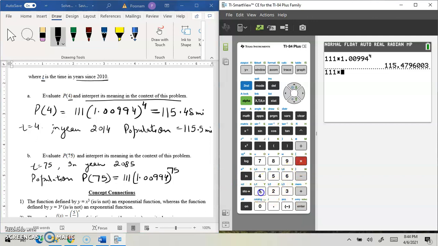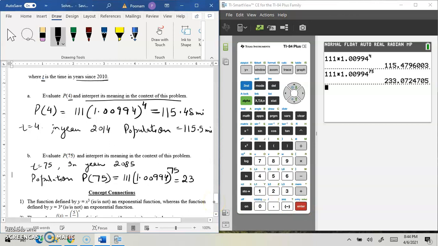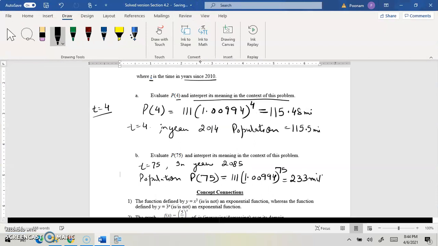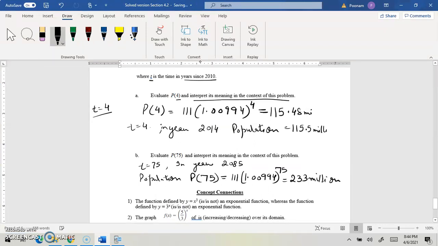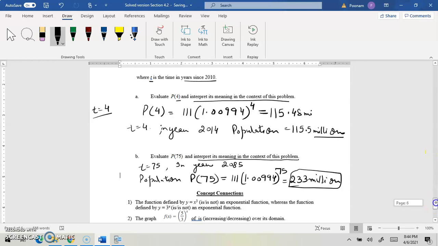We can use our calculator to calculate that. That is 233 million approximately. So the population in 2085 would be 233 million. So it's very important to understand the context in the problem. Otherwise, there's no use of the math, right? If you don't understand what that number actually means.